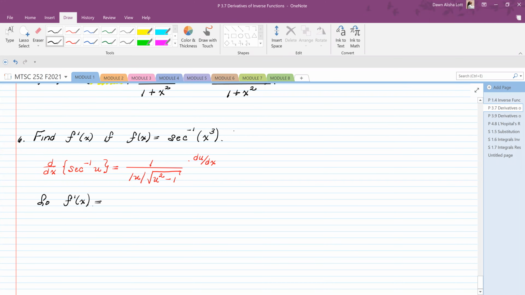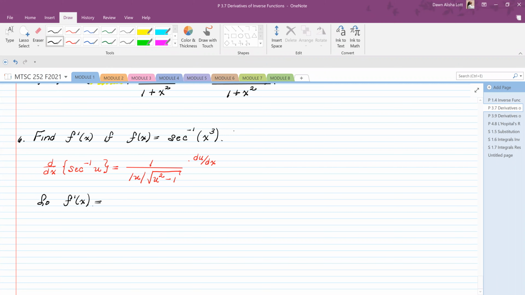Somebody tell me what f prime is going to be. Would the f prime be the thing you just did up there with the secant inverse?